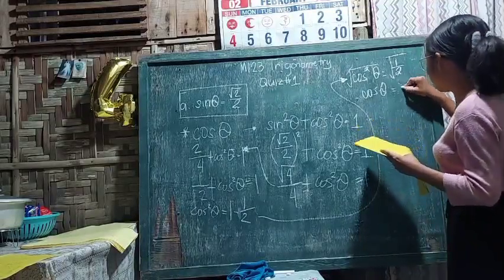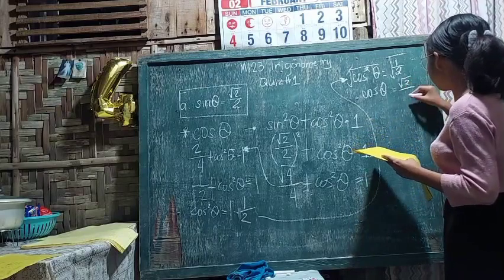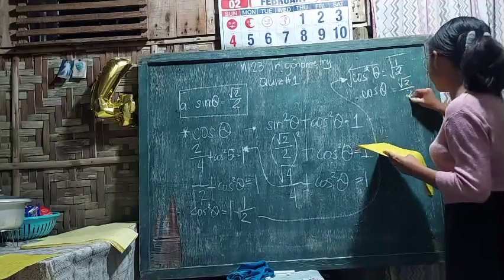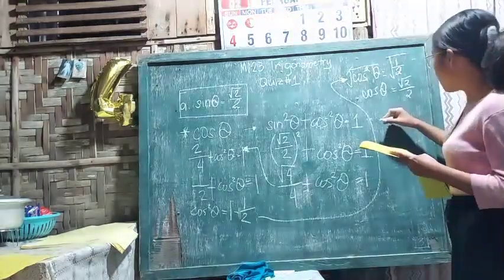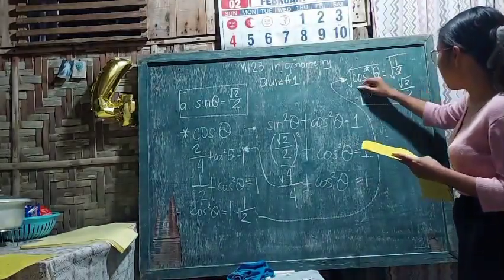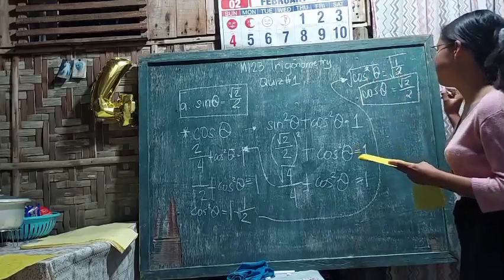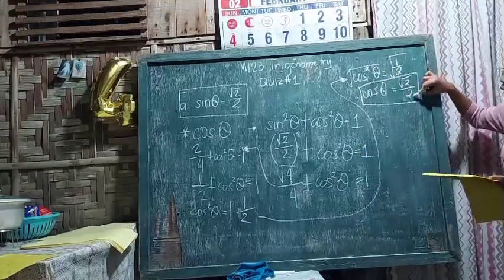It will become square root of 2 over 2. And then this is now our value of cosine theta, square root of 2 over 2.